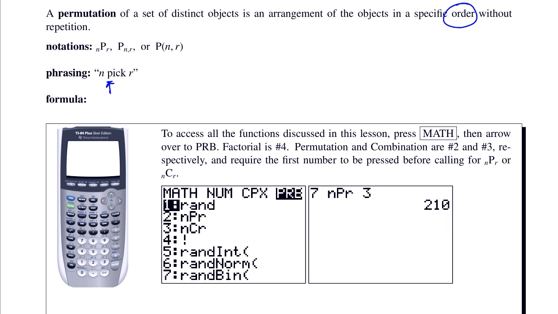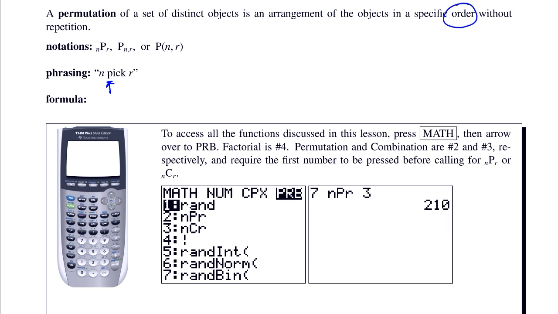And then you have the three ones that we'll use here, nPr, nCr, and the factorial. You just have to remember, if you're doing the permutation or combination, you have to enter the first number first, and it's really this first notation that they use. Here's the example. This is 7 pick 3, is 210.